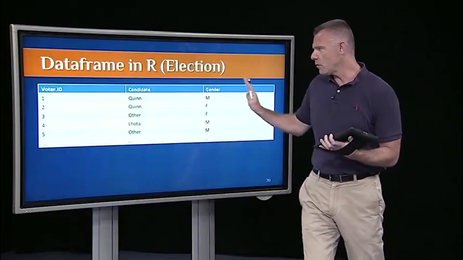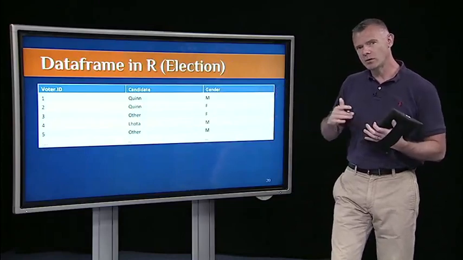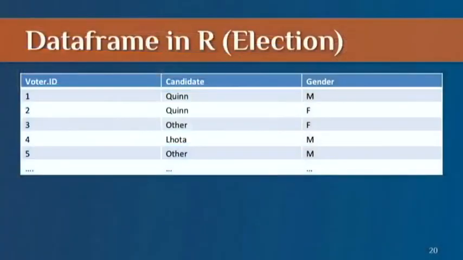I need to say a few words about how to set this up in R. We'll do this in the next lab, but you'll typically see a data frame that looks something like this, where again you have one person represented per row. So we have voter ID number, just give each person a number, 1, 2, 3, 4.